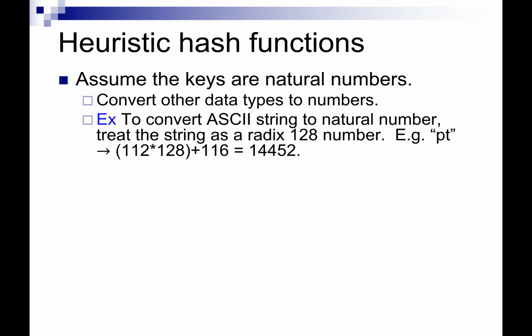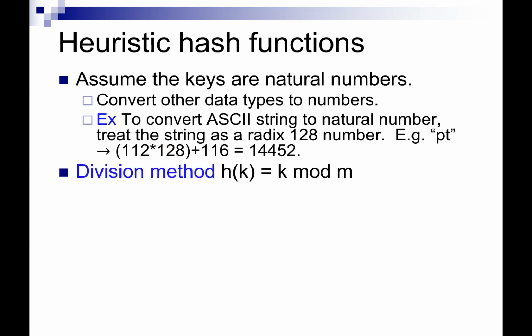And then you can convert this pt: p is apparently the 112th ASCII letter, so you multiply that by 128, and then you add this to t, which is apparently the 116th ASCII letter. This converts the string to a number. So then we might as well assume that all of the keys are just natural numbers.